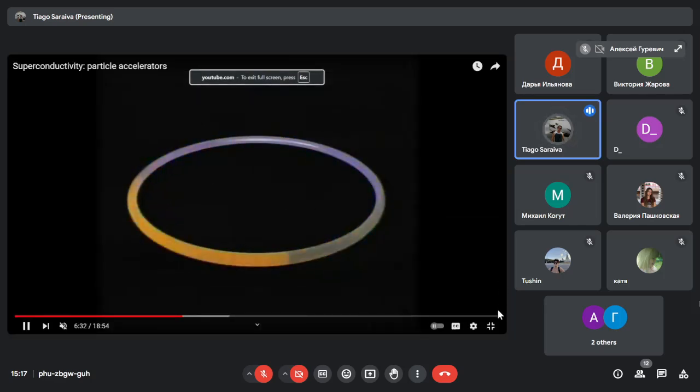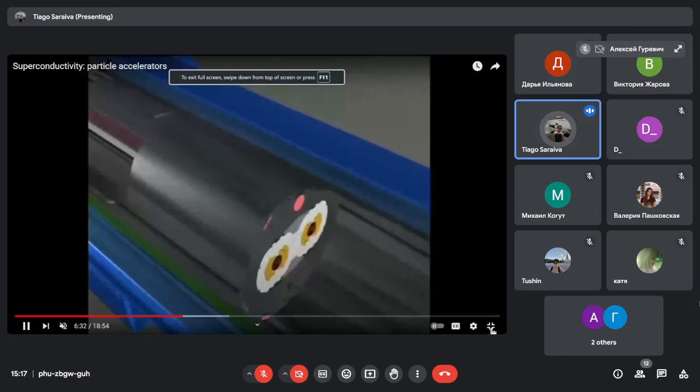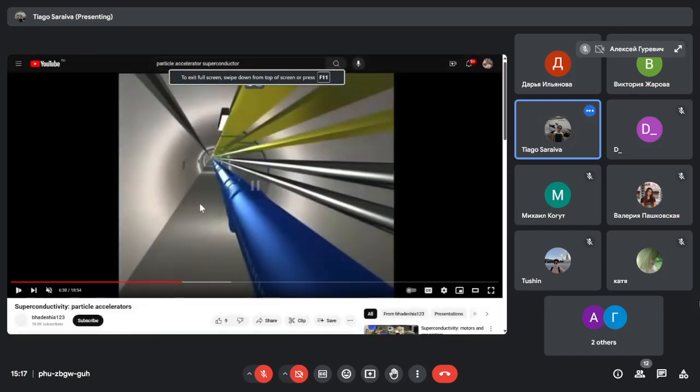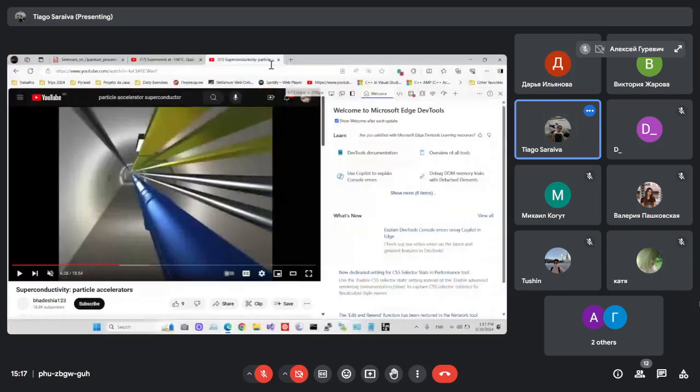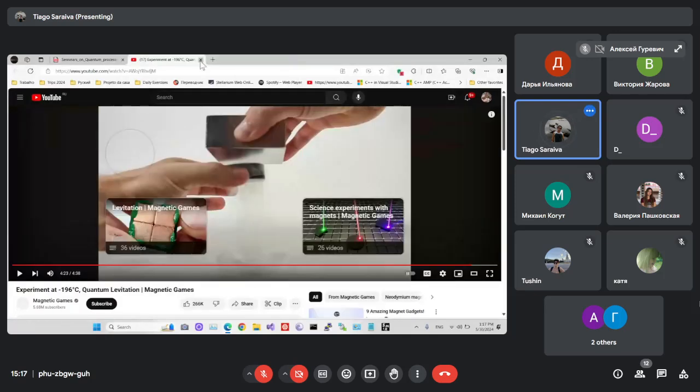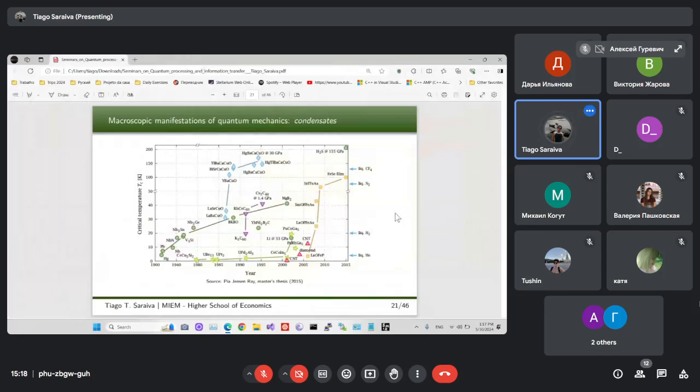So another application of superconductors is making these rings for particles. Okay, that's also interesting for me. I was at CERN. I visited, and it's quite impressive machinery.